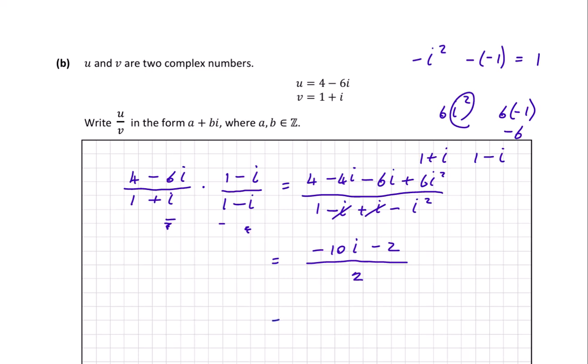So I'm just going to divide these then. I'm going to divide the 2 into the 2 and the 2 into the minus 10. So we'll do the number first. 2 into minus 2 is minus 1, and 2 into minus 10 is minus 5. So that's my answer there. That's in the form a plus bi. And that's it for this question.